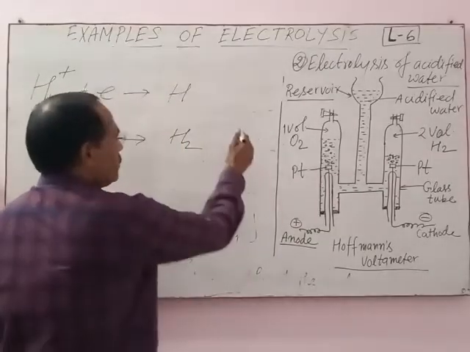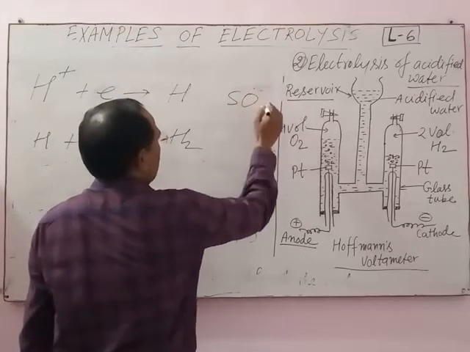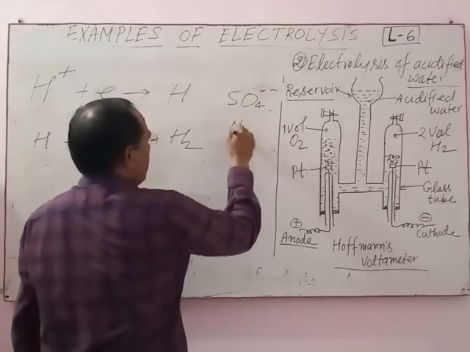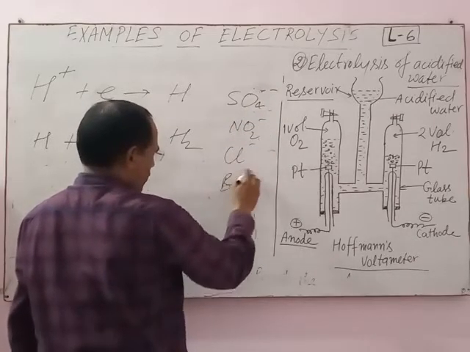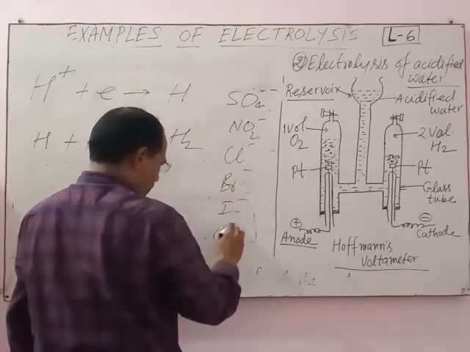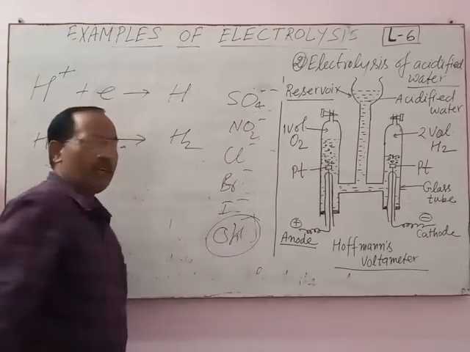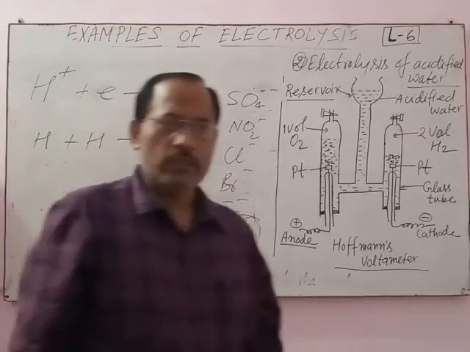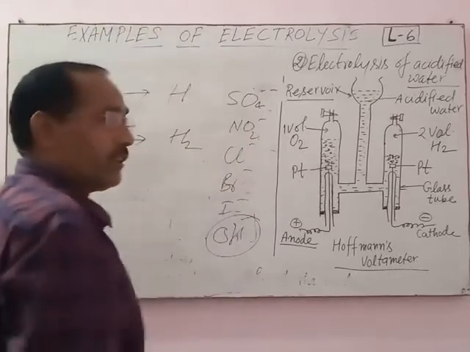In the electrochemical series, the order is sulfate ion, then nitrate ion, then chloride ion, bromide ion, iodide ion, and hydroxide ion. Hydroxide ion is present at the lowest position, so it gets discharged first at the anode.